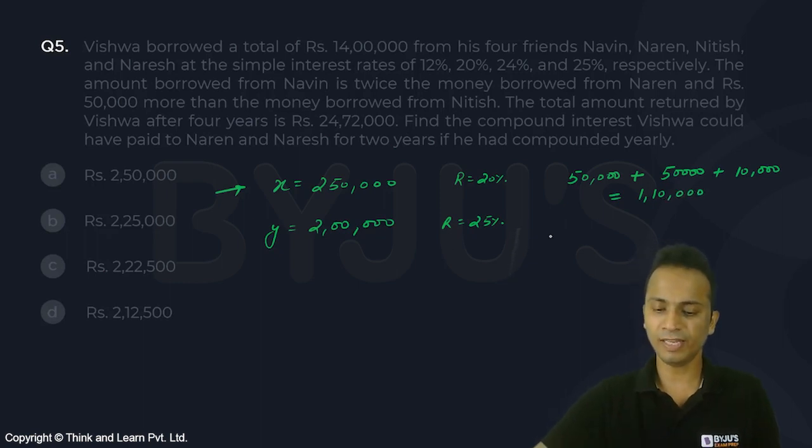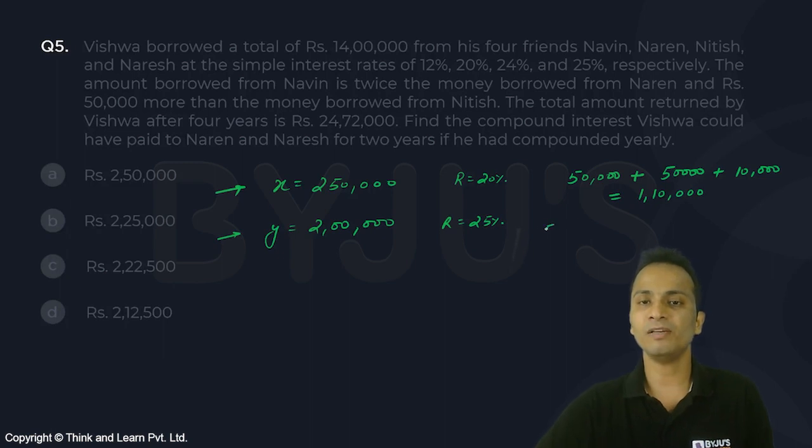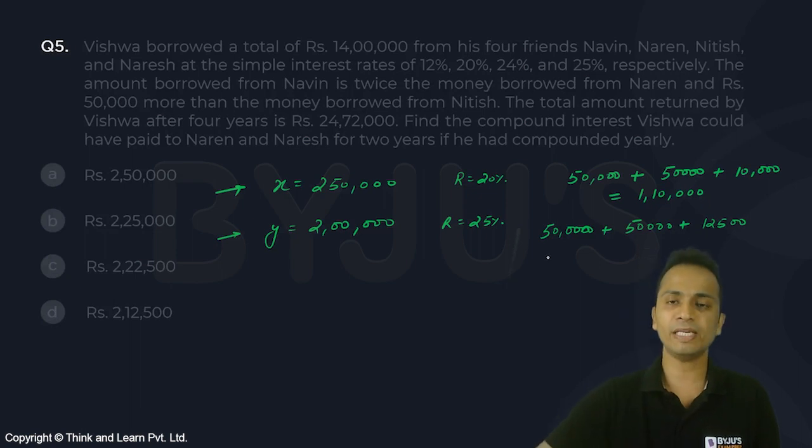Next is on Y. The interest for the first year will be 25% of 2 lakhs, so that will be 50,000 once again. And the interest for the second year will be the interest of the first year copied plus 25% of the interest of the first year, that is 12,500.